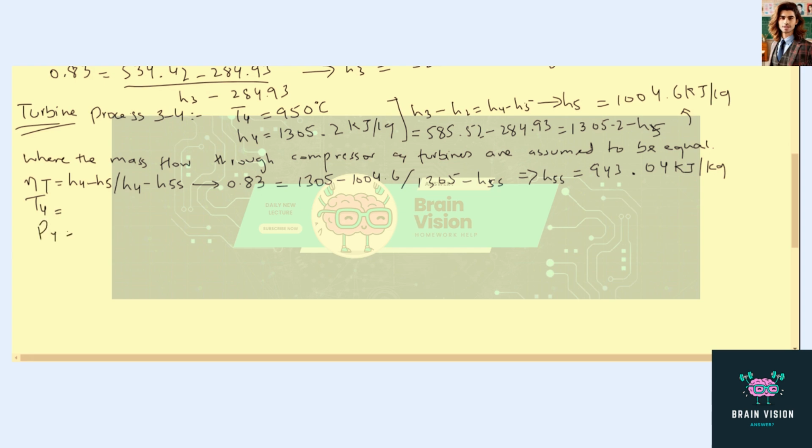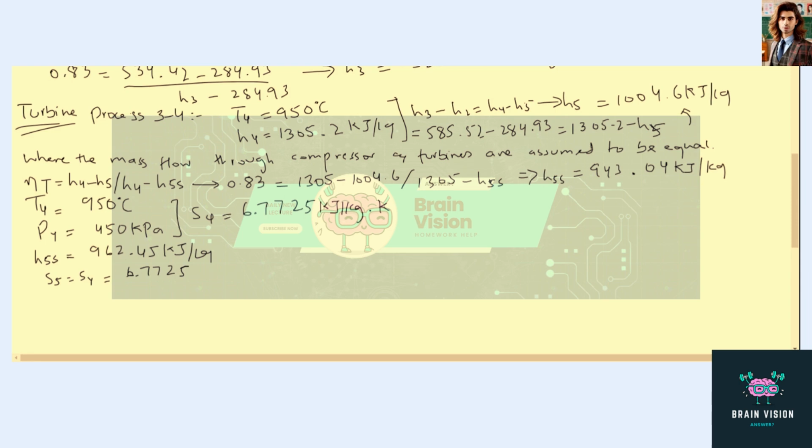At temperature T4 and pressure P4, 950 degrees centigrade, and H5s equal to 962.45 kilojoule per kg, the value of S5 is equal to S4, that is 6.7725, at which pressure P5 is 136.9 kilopascal.